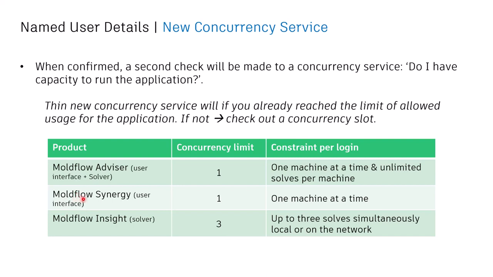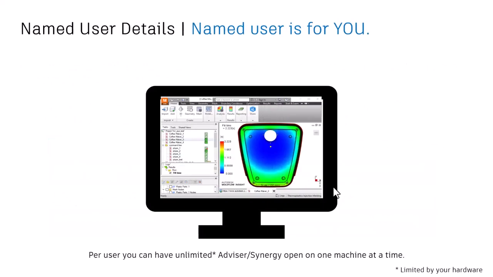With the Synergy, of course, it's a user interface, with one license on one machine at a time. And with the Advisor, concurrency is of course 1, but there is no limit on the solving actually. So you can continue to solve multiple runs on a single machine.